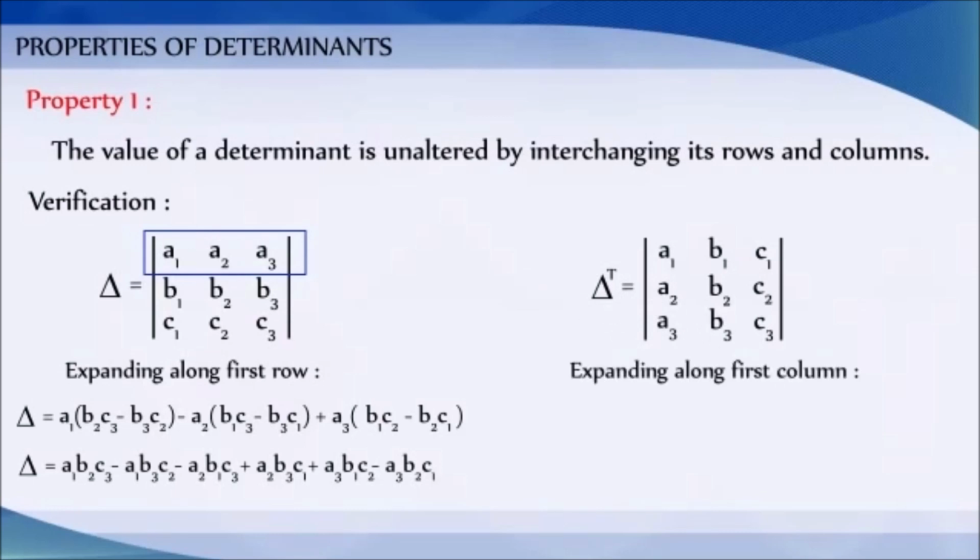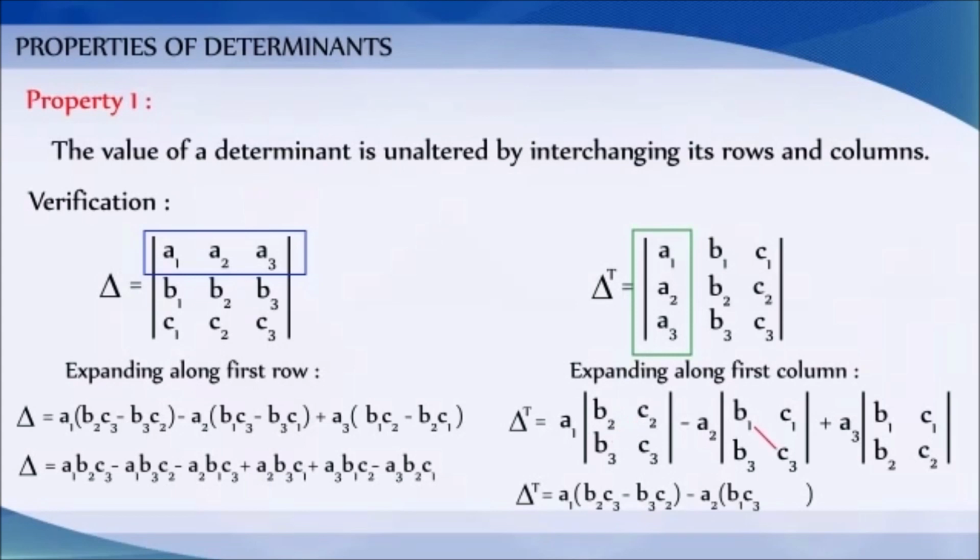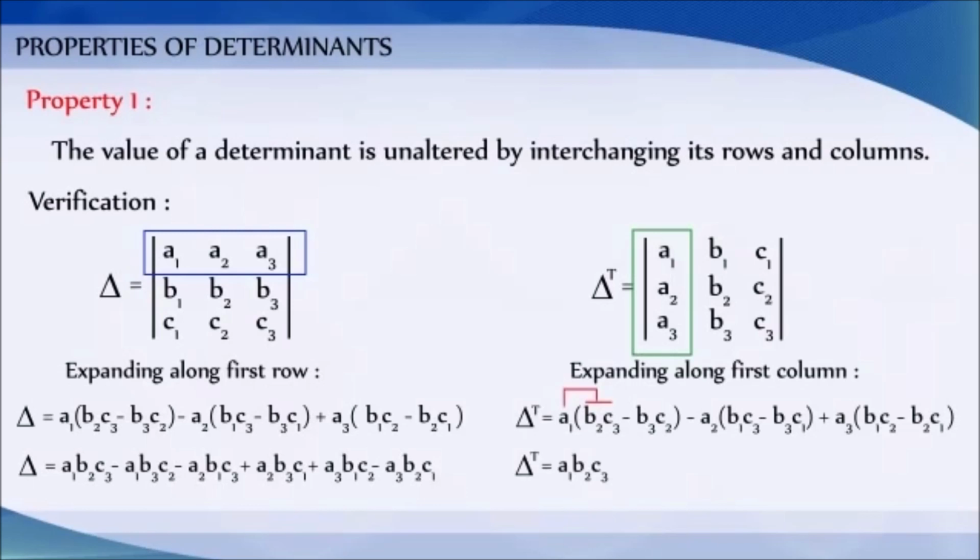Now, expanding along the first column, we get the determinant value as A1 B2 C3 minus A1 C2 B3 minus A2 B1 C3 plus A2 B3 C1 plus A3 B1 C2 minus A3 B2 C1.